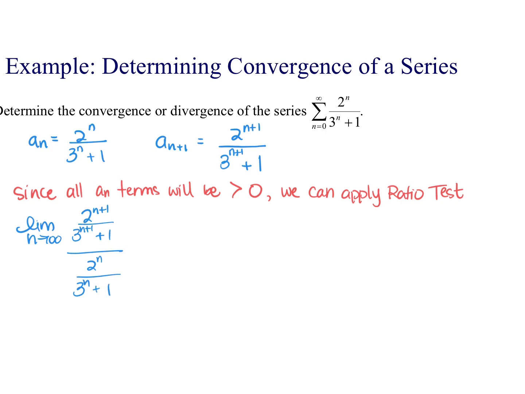Now mathematically that looks awkward because you've got two numerators and two denominators. So what would be a better way mathematically to write that? Instead of making this division, we want to multiply by the reciprocal. Good. So I'm going to put 3 to the n plus 1 here, and I'll do 2 to the n there. So I'm multiplying by the reciprocal instead.